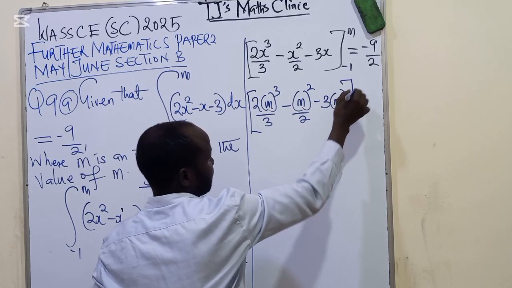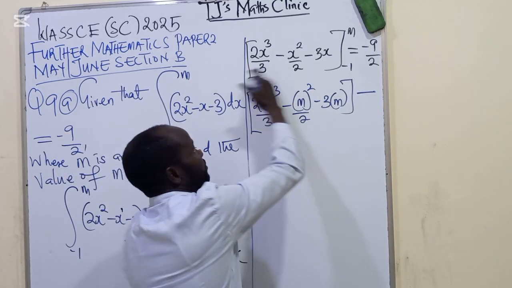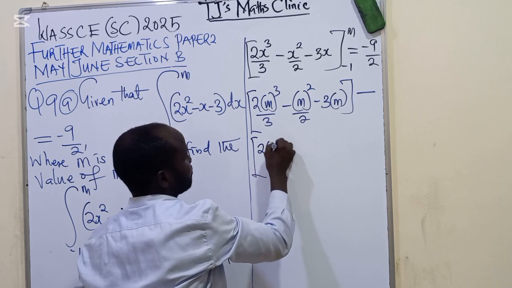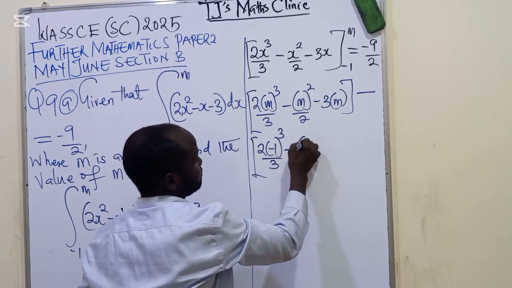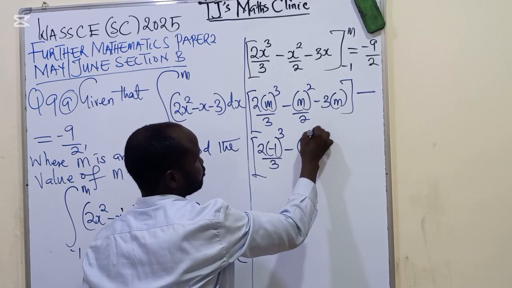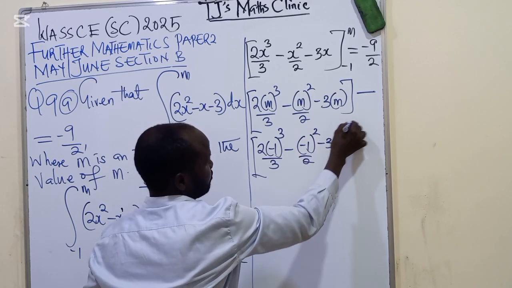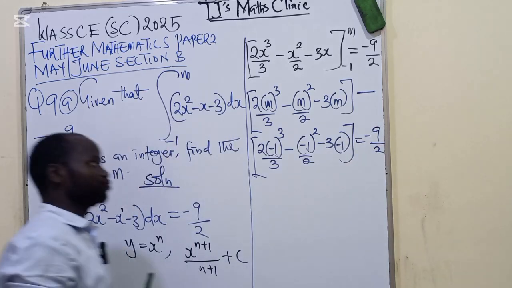So this will be our upper limit minus the lower limit, which is minus 1. We substitute minus 1 into this expression. We'll have 2 into minus 1 all cubed divided by 3, minus now minus 1 all squared divided by 2, minus 3 into minus 1. We close the bracket. It must be minus 9 divided by 2.